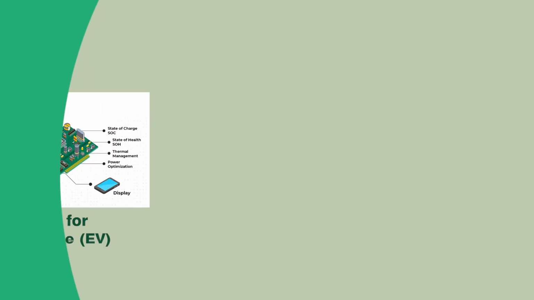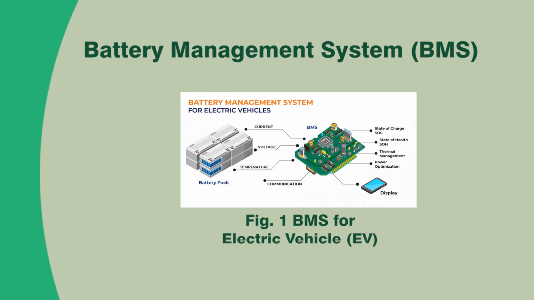Here the main function of the BMS is to monitor the current, voltage, temperature and other parameters to perform various functions such as optimization, protection and other activities. By monitoring the current, voltage and temperature we will see the current state of charge of the battery.